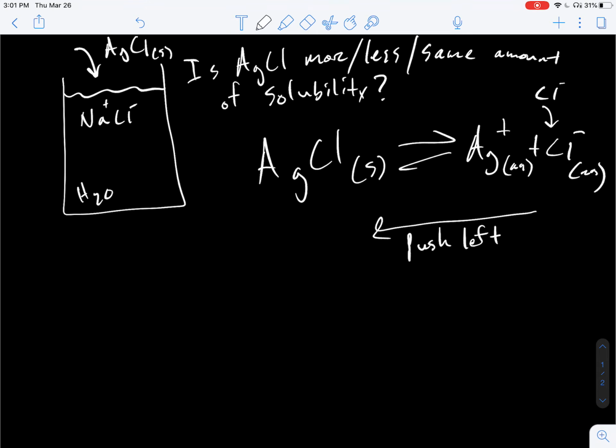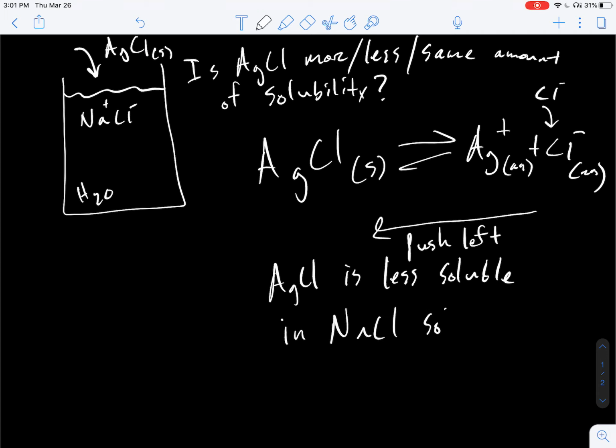So that means AgCl is less soluble in an NaCl solution. So that's what we mean by the common ion effect. It's basically Le Chatelier's principle with respect to the equilibrium of solid and aqueous solutions.